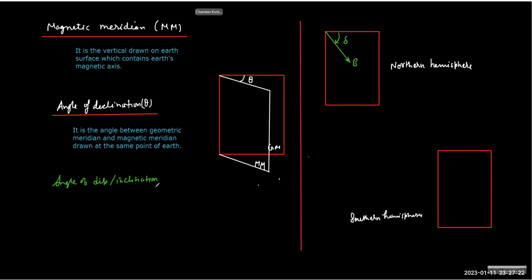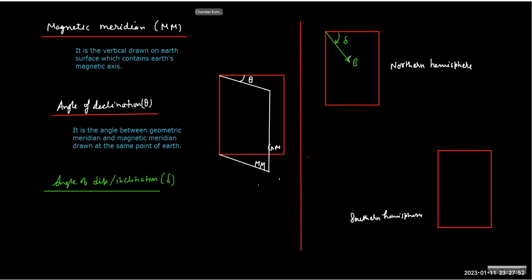I will not use inclination, I will use dip only, because inclination and declination may confuse you. Remember that declination is only for the meridian angle, and dip is where the compass can point if suspended freely in the Earth's magnetic field. For the dip angle we always use the symbol delta.